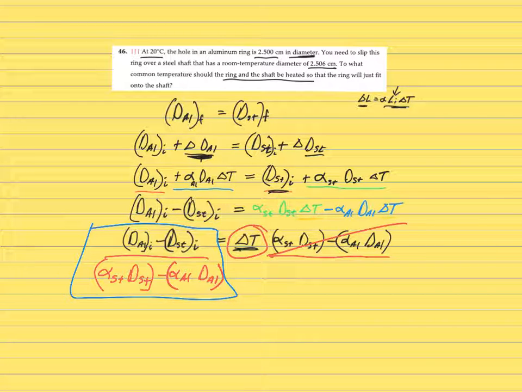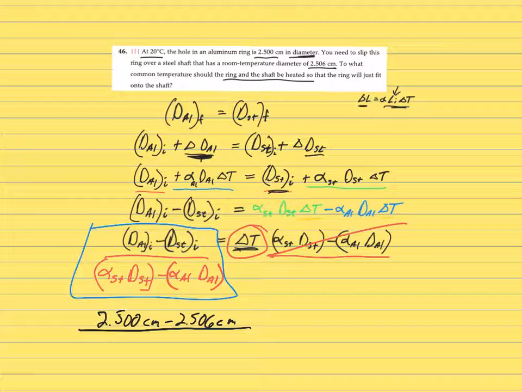Isn't that crazy? My diameter of aluminum initially was 2.500 centimeters minus 2.506 centimeters.